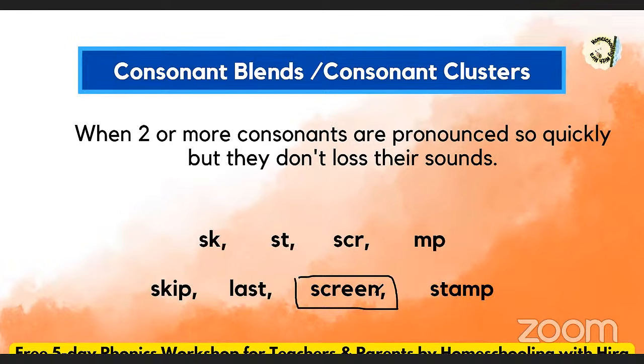Is it 7? No, 6. This is a 3-letter word. So if you teach him that this is skr, he will say skr, then e, and screen. Okay? But remember, these are not digraphs. They are consonant clusters, and they don't lose their sound. The letters in consonant clusters or consonant blends don't lose their sound.